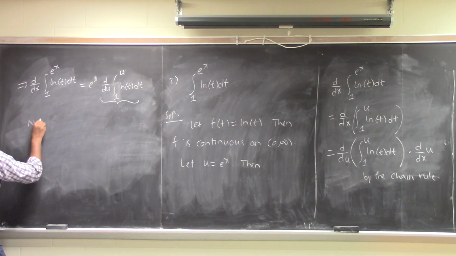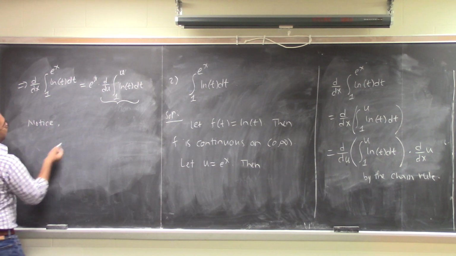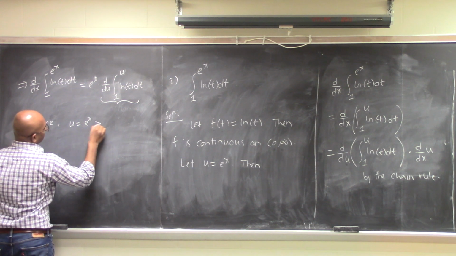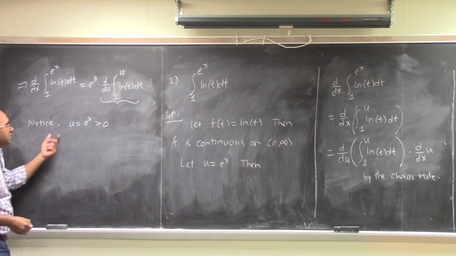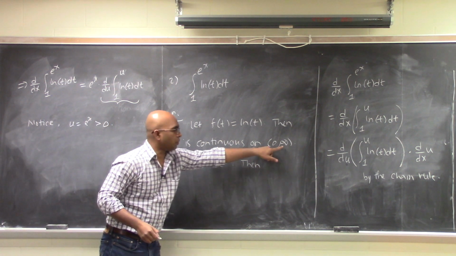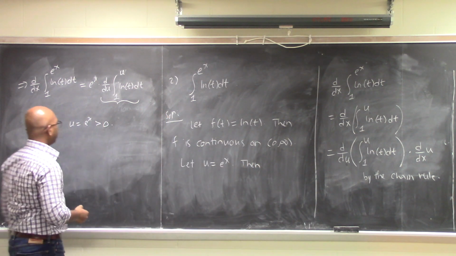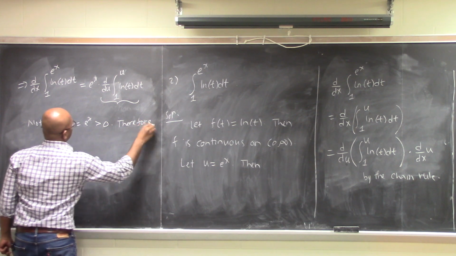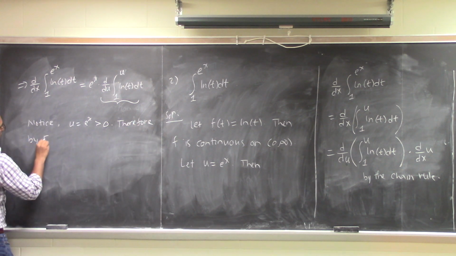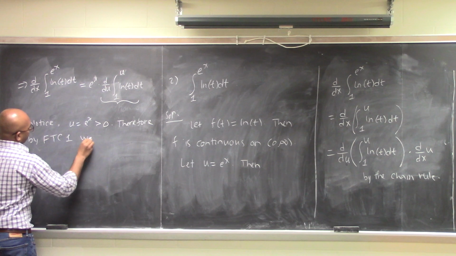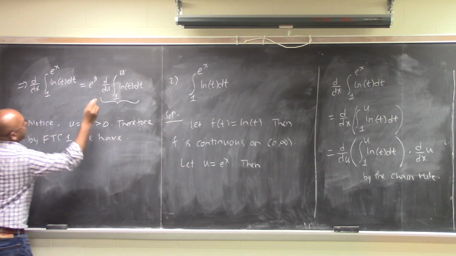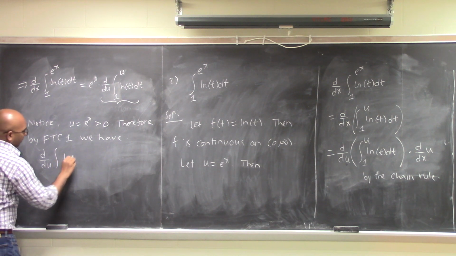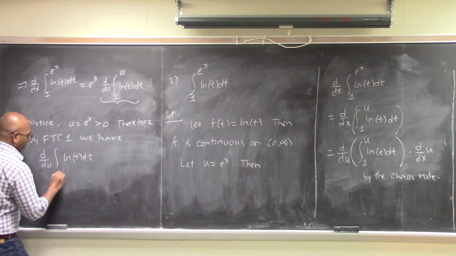Notice u equals to e to the x is greater than 0. What it means is this u is coming from this domain of f. Okay? Therefore, by FTC1, we have what? ddu of integration of natural log from 1 up to u.